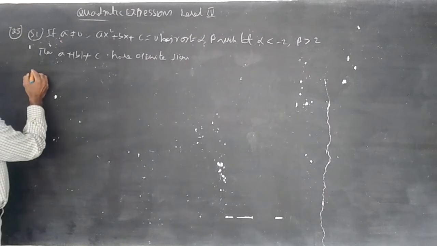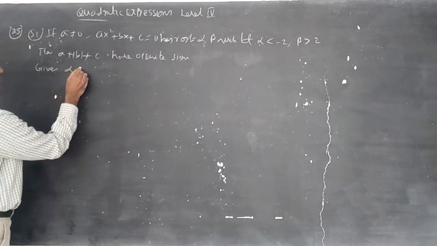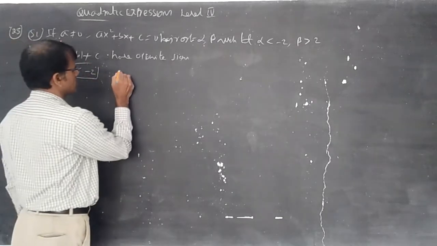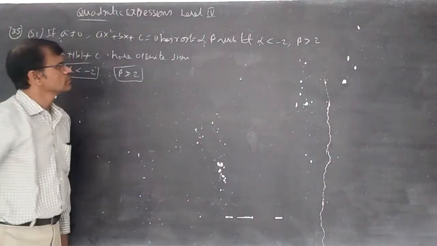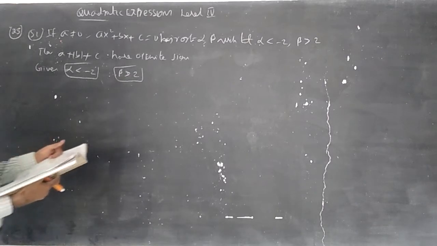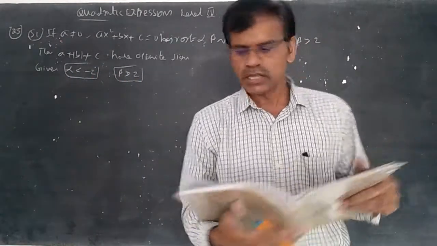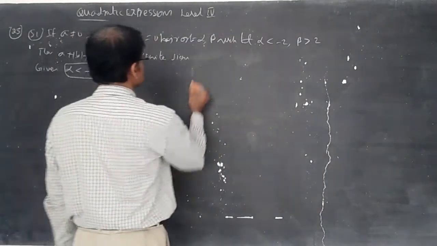Let us take the given condition: alpha less than minus 2 and beta greater than 2. A plus mod b plus c, and a have opposite sign.